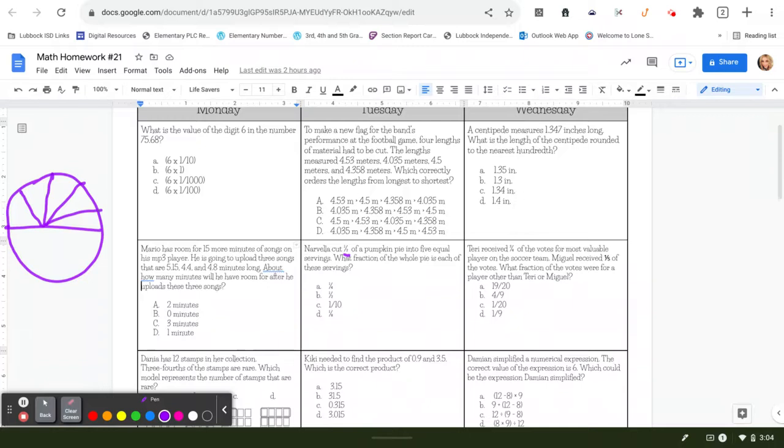So you could either count up your model, or you could come over here and do half of a pie divided into 5 equal pieces. Make your whole number look like a fraction. Label, then solve. Keep, change, flip it over. Multiply straight across, and you get C, 1/10.